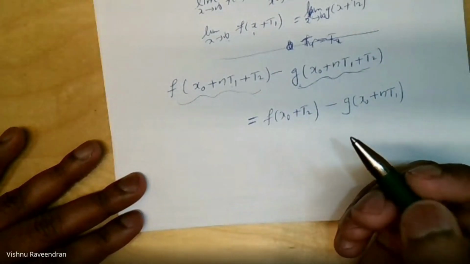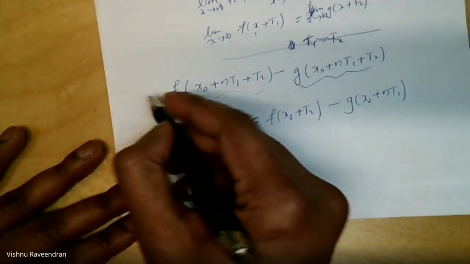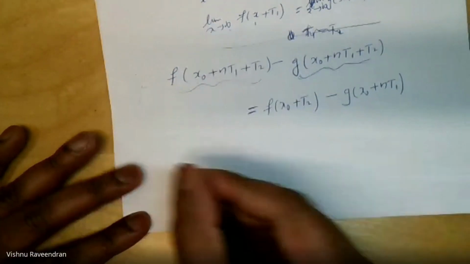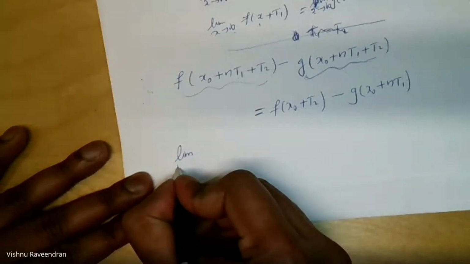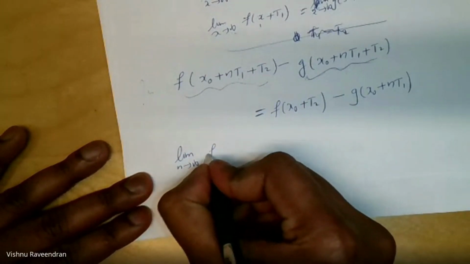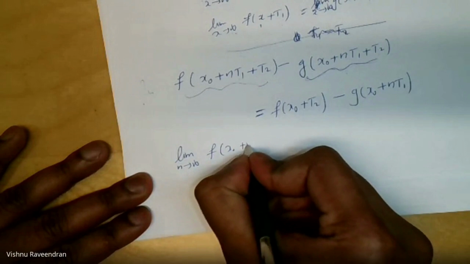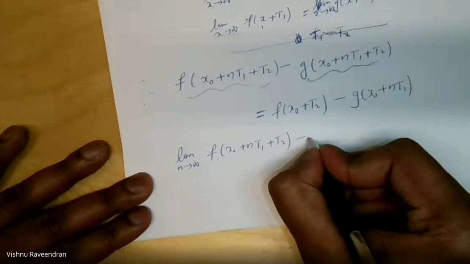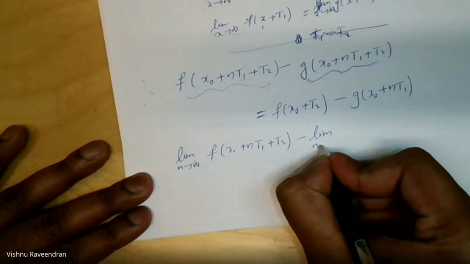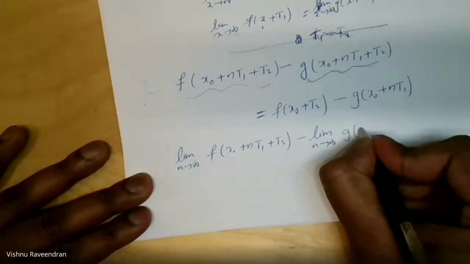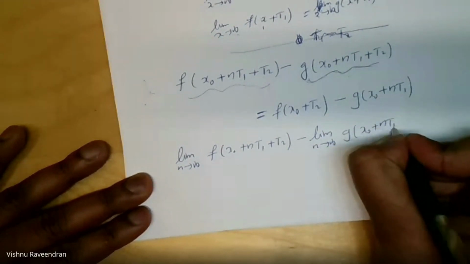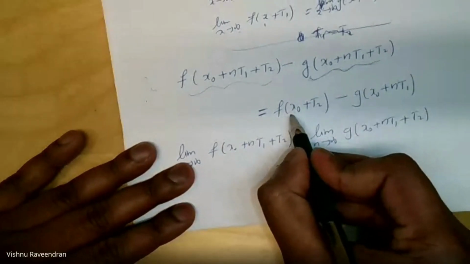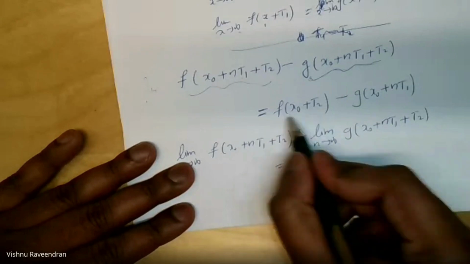Yes. Now we take limit n goes to infinity. So what we have is limit n goes to infinity f of x naught plus nt1 plus t2 minus limit n goes to infinity g of x naught plus nt1 plus t2 equal to, there is no n here, so you don't need to take limit here.